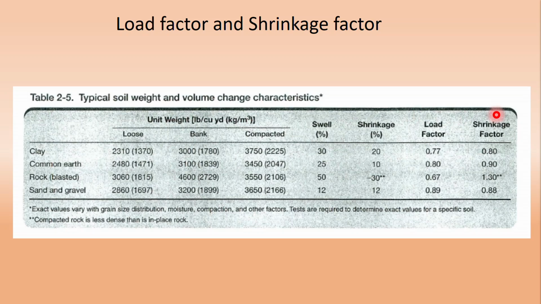And these unit weights are in more of a construction unit, pounds per cubic yard, not the pounds per cubic foot that I've been talking about. But remember, I said common ground in its natural state is approximately 100 pounds per cubic foot.